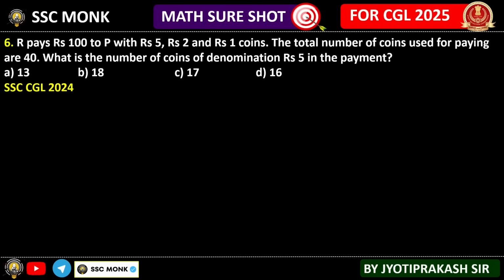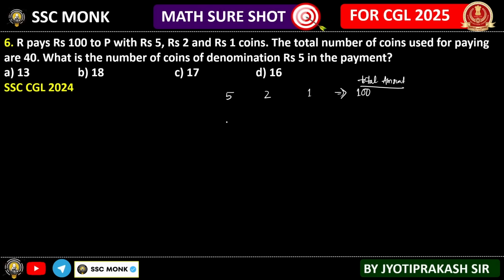R pays 100 to P with 5 rupees, 2 rupees, 1 rupees coins. Total number of coins used for paying are 40. What is the number of coins of denomination 5 in the payment? Now see, there are 5 rupees coins, there are 2 rupees coins, there are 1 rupees coins. Total amount is 100. Now what happened?